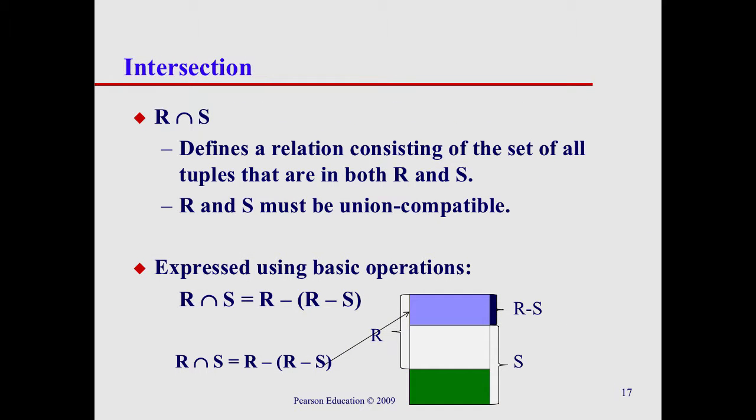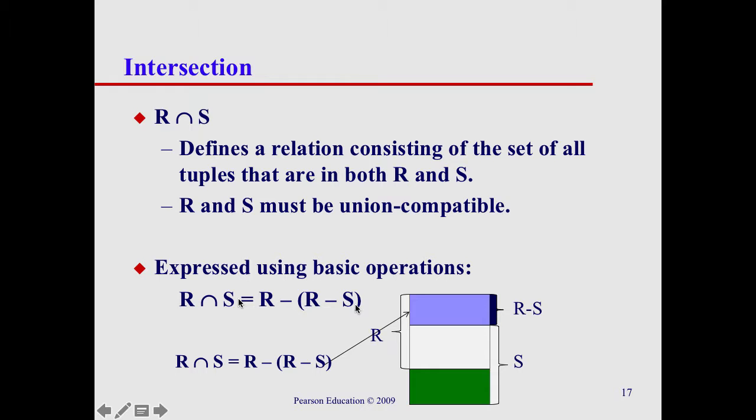Okay, now intersection is our first bonus operator. So it's not part of the actual basic 5. Instead, it is built on top of them. So the operator is the intersection, but you can get this one from set difference.